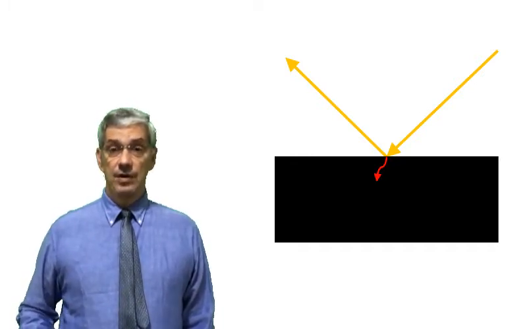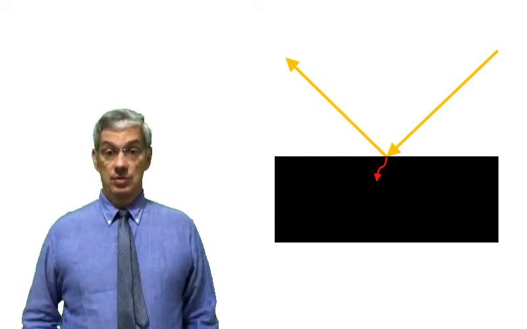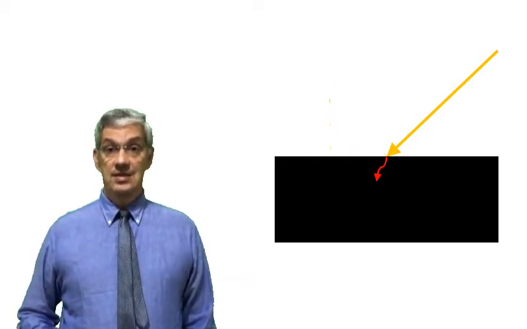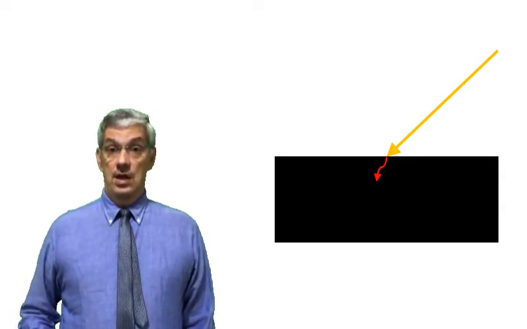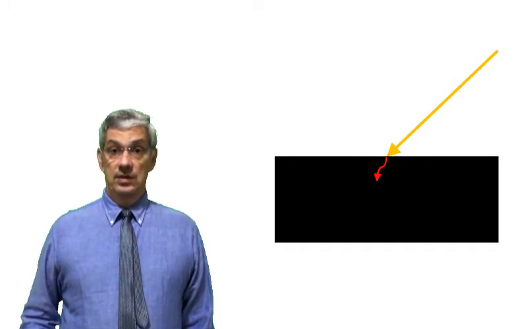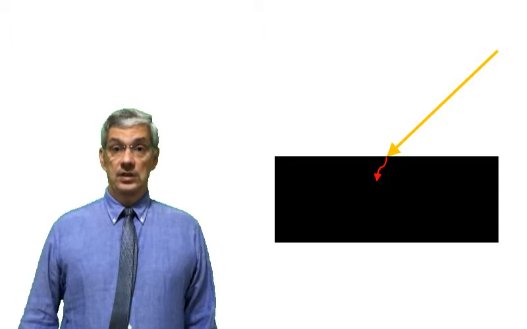Every bit of energy of the incoming light will be absorbed. This is a black body according to Planck's law. And why is this important? Let's see first what a black body is.